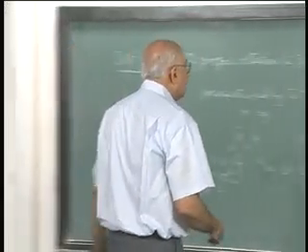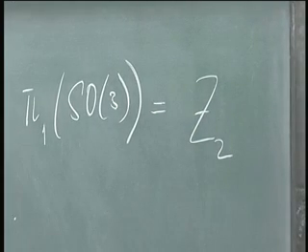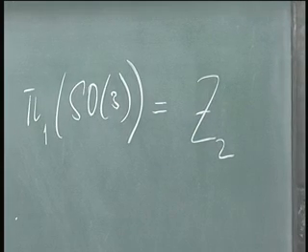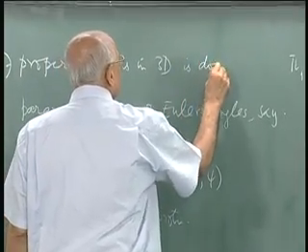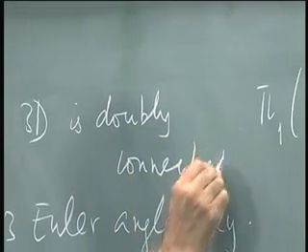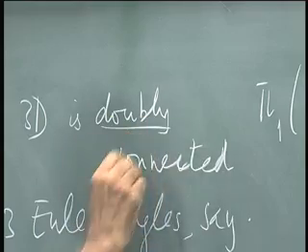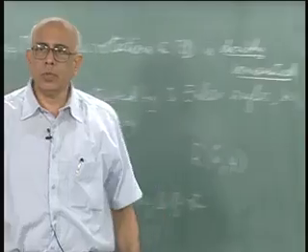Therefore there are 2 equivalence classes, and this group is isomorphic to the group of integers modulo 2, the cyclic group of order 2, and we say that SO3 is doubly connected. By that we mean its fundamental group, homotopy group, is Z2.